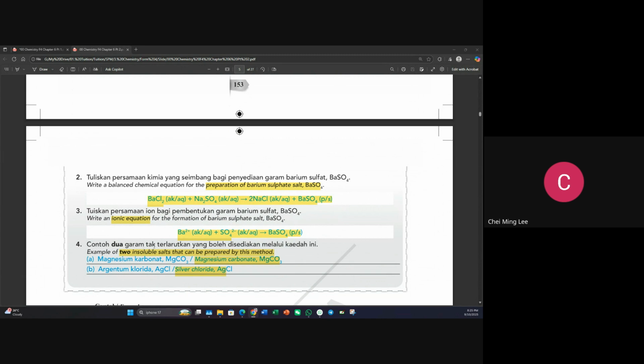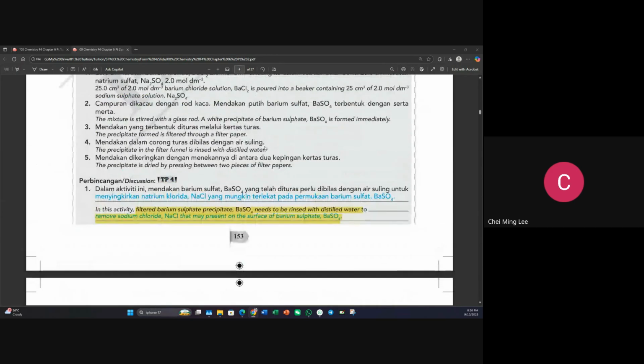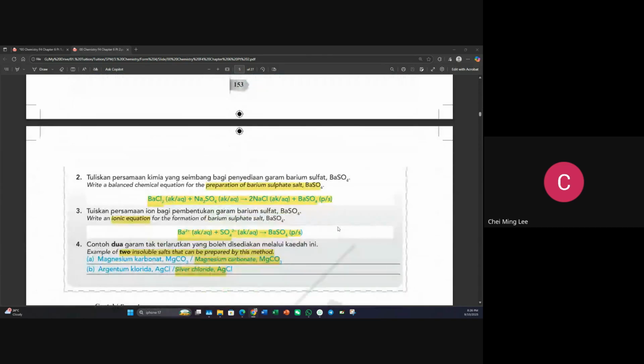Two other insoluble salts that can be prepared by this method are magnesium carbonate and silver chloride. Okay? All right. The repeating ones we just skip. I skip just so you don't have to copy so much, but you still need to remember.